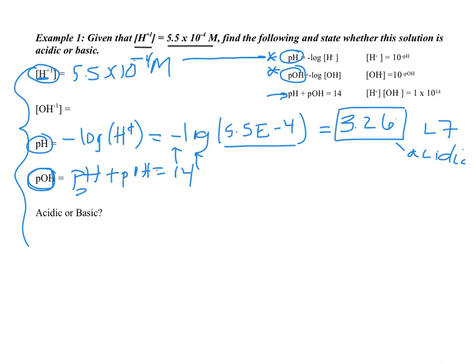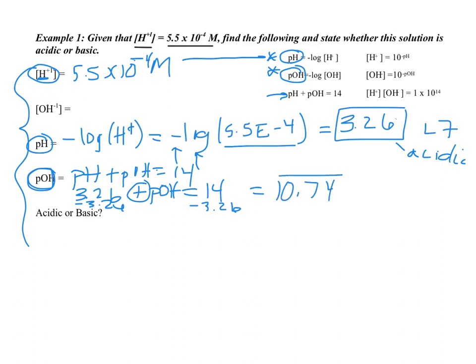So I know that my pH is 3.26. I'm looking for my pOH. I know that it has to add up to 14, so opposite of addition is subtraction. So 14 minus 3.26 gives me a pOH of 10.74.